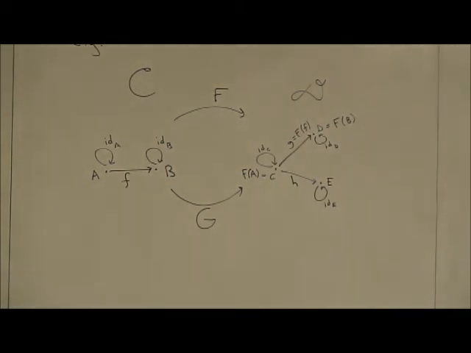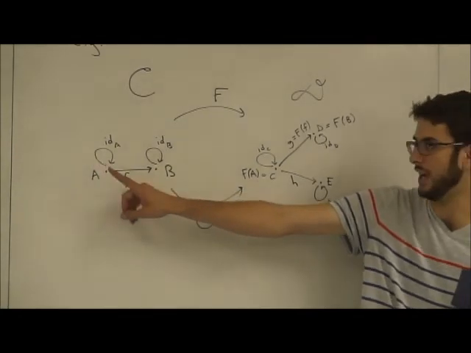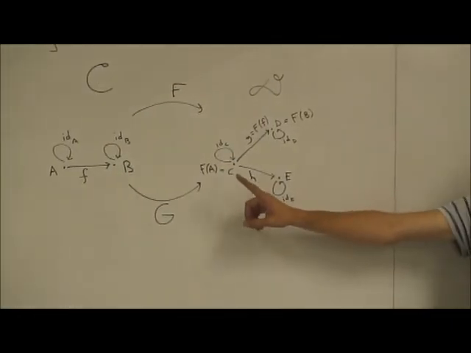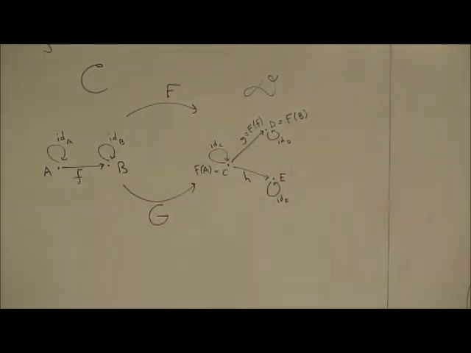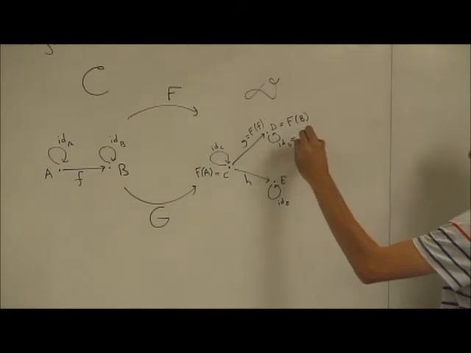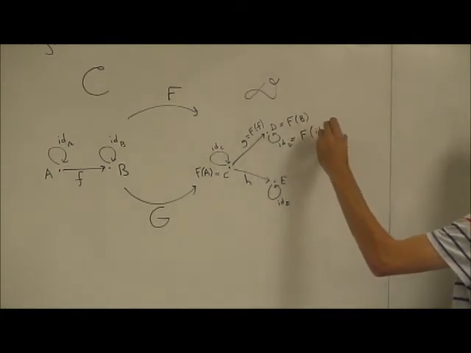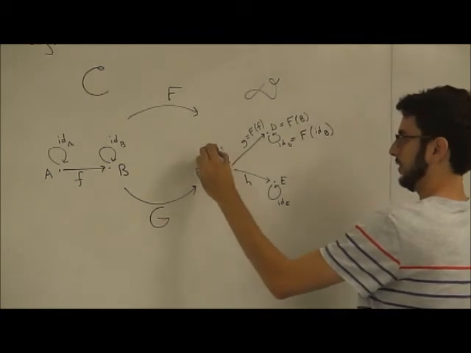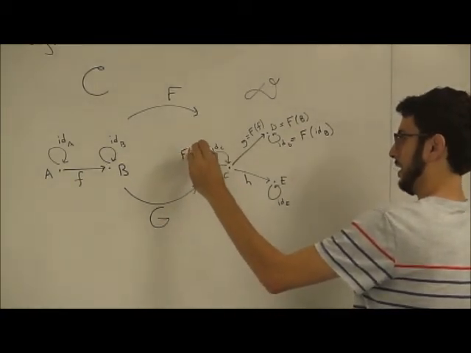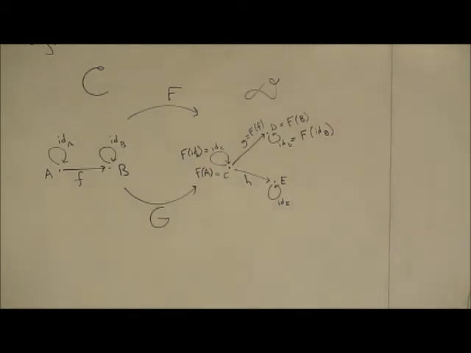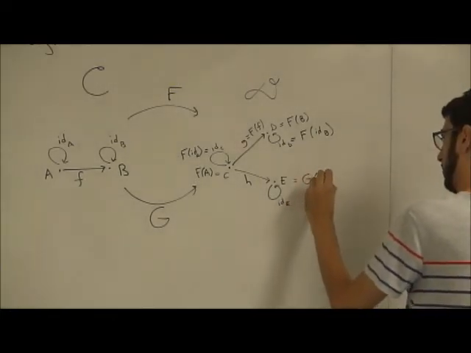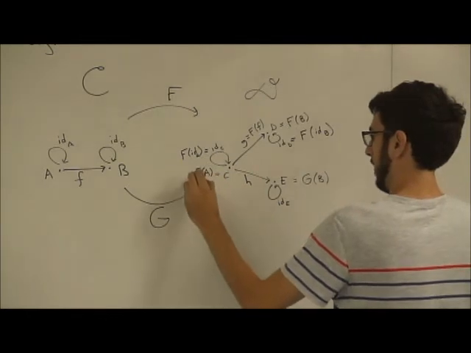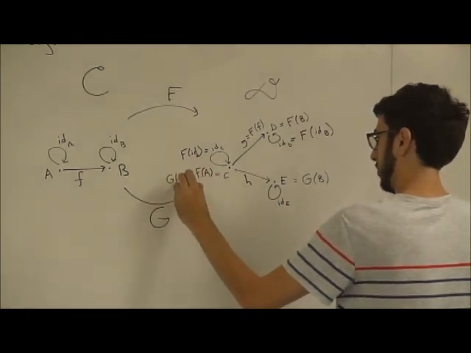We have no choice what to do to these morphisms with F. Identity on A has to go now to the identity on C, and identity on B has to go to the identity on D. Okay, and let's say our G brings it to the bottom one. So this is G of B. G of A equals F of A.